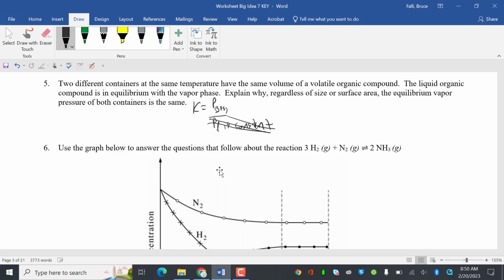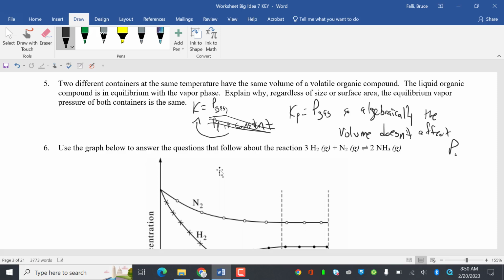It gets incorporated into K. So what you can say is Kp is the pressure of the gas. So algebraically, the volume doesn't affect P, P being pressure.